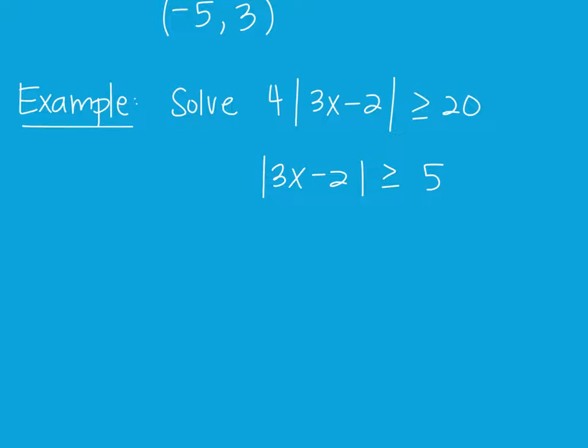Next step is to remove the absolute value and replace it with a plus or minus 5. The third step is to bring the negative over to the left side. Keep your inequality going in the same direction. Don't change it around. 3x minus 2, and then the positive 5 would be on that side.